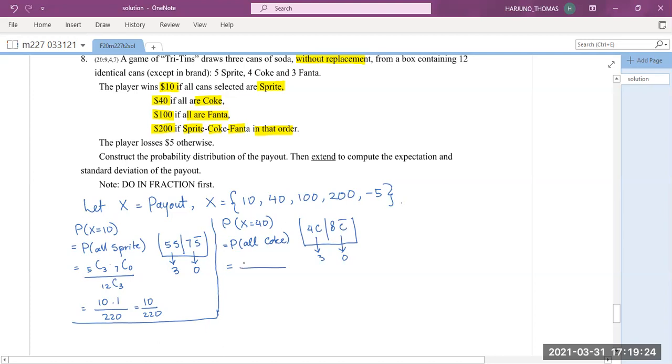The probability will be 4 choose 3 times 8 choose 0 over 12 choose 3. 4 choose 3 is 4. So this is 4 over 220. That's the probability of selecting all Coke such that you will get $40. What is the probability you get $100 instead? That's if all of them Fanta.